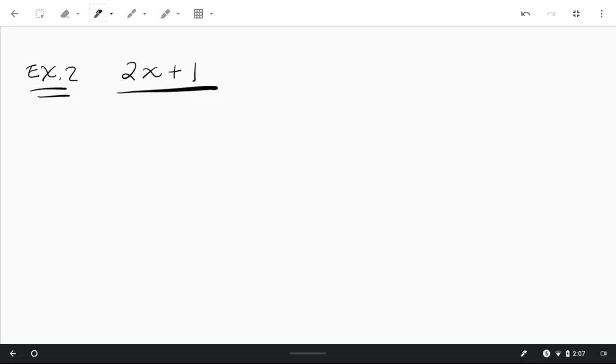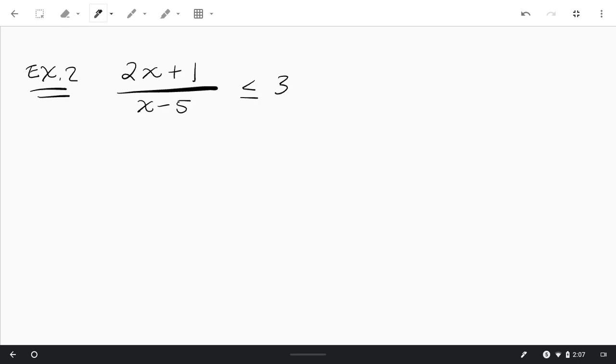So let's take a look at rational inequalities. Suppose that I have this one here. 2x plus 1 over x minus 5 is less than or equal to 3.